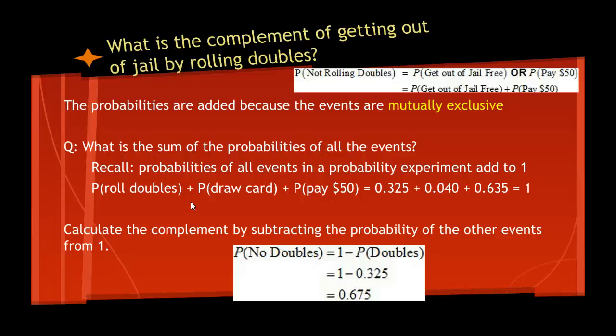And then pause it again and reread it. The reason for me wanting you to reread it is that this concept crops up in so many different facets of your life. This idea of complement. Being able to figure out the probability of something happening based off of the probability of something else not happening.